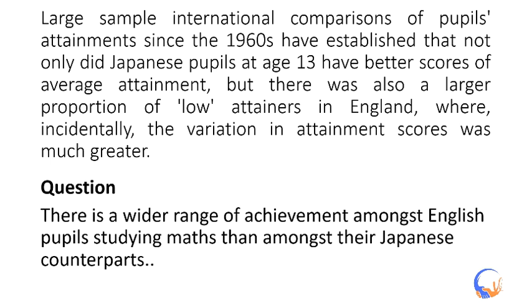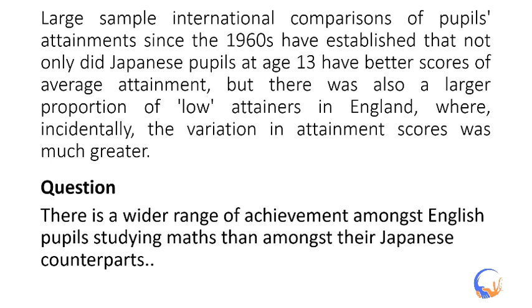Large sample international comparisons of pupils' attainments, which is nothing but achievements, since the 1960s have established that not only did Japanese pupils at age 13 have better scores of average attainment. So Japanese scores better, but they are comparing average. Alright, let's move ahead.